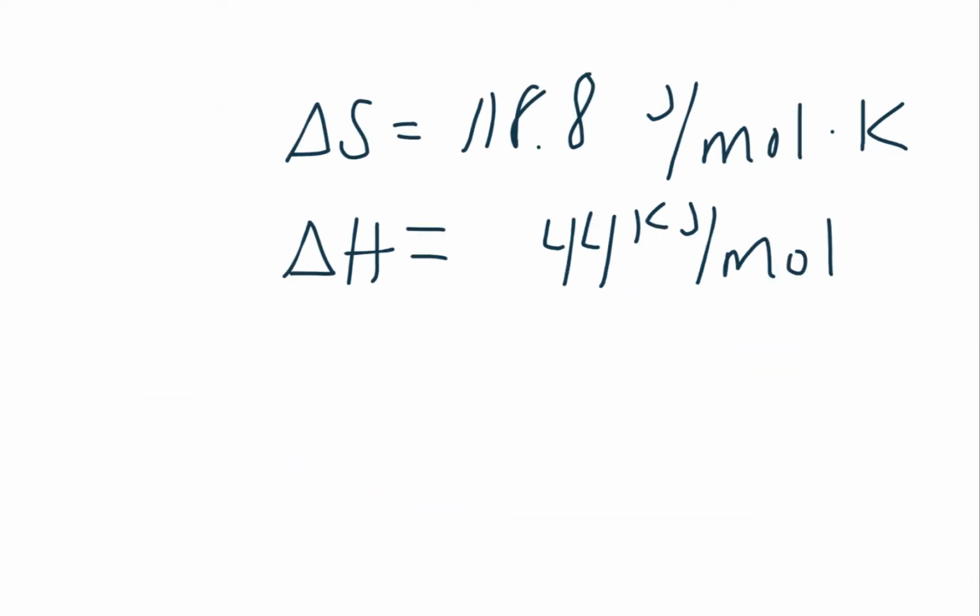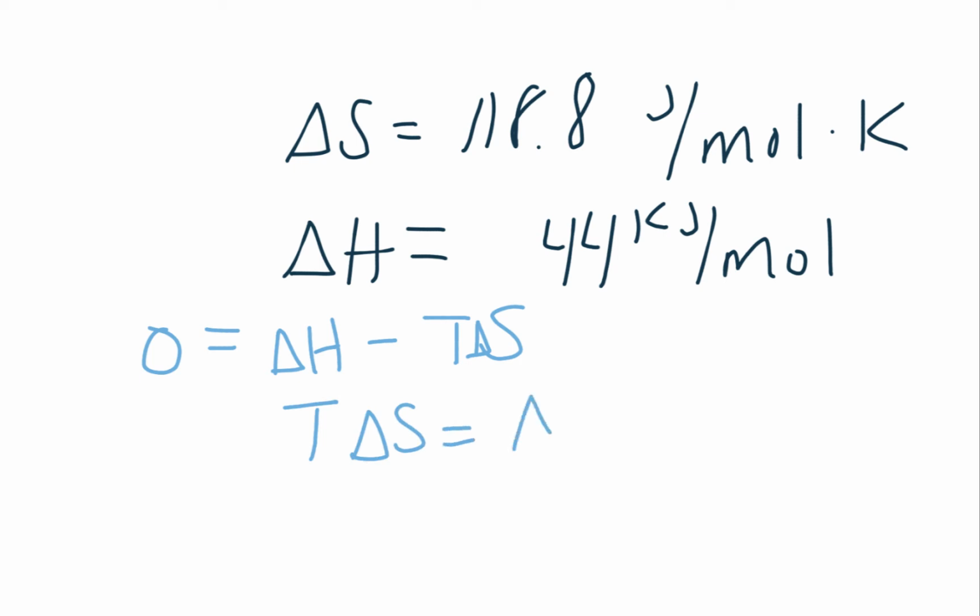So we said the change in entropy was 118.8 joules per mole Kelvin, and the change in enthalpy is 44 kilojoules per mole. So we can rearrange this equation to solve for temperature. We add the temperature times the entropy to this side, so it is equal to the enthalpy, and then the temperature, which is what we want to know, is going to be equal to the change in enthalpy over the change in the entropy.